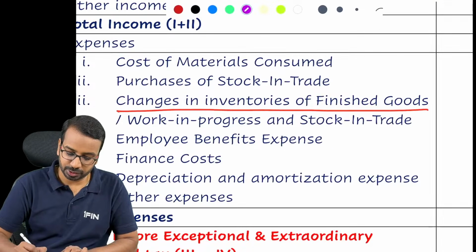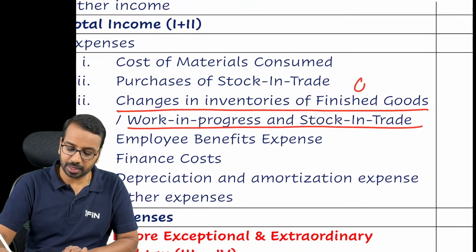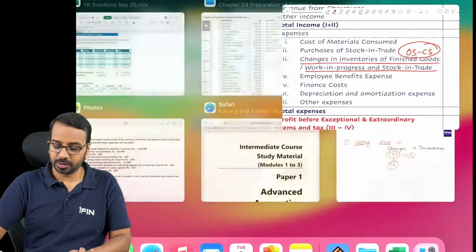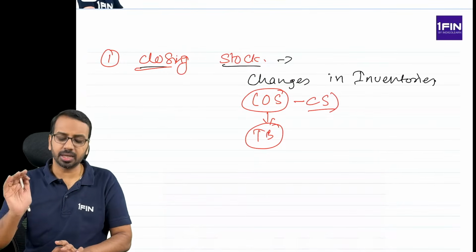Changes in inventories of finished goods, work in process, and stock in trade, right? So here you will have opening stock minus closing stock. All right. Then that is the first adjustment and a common adjustment that you will be given.